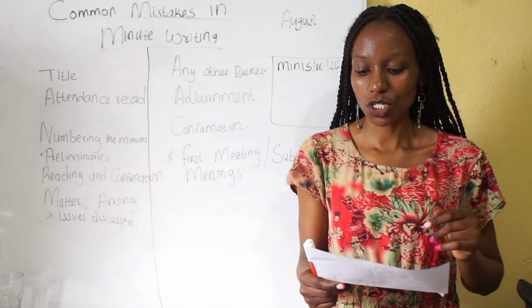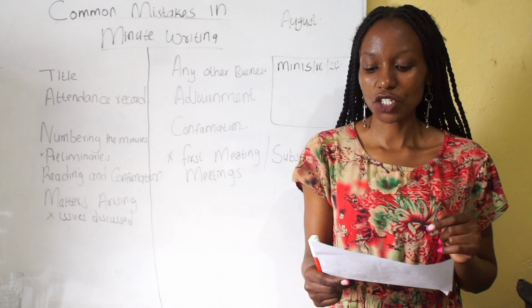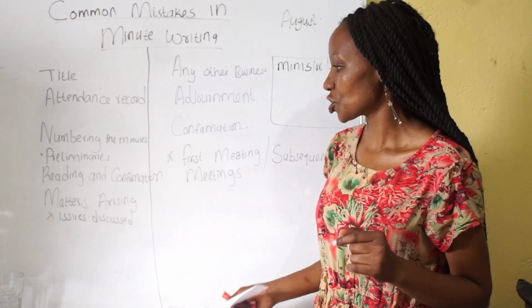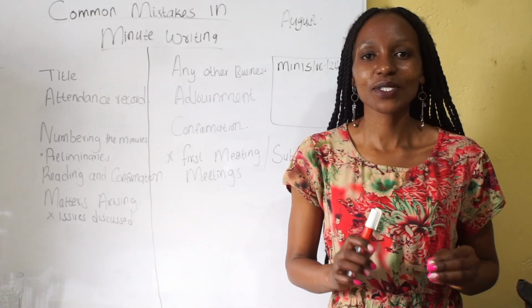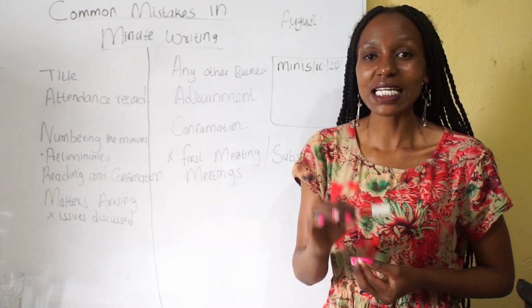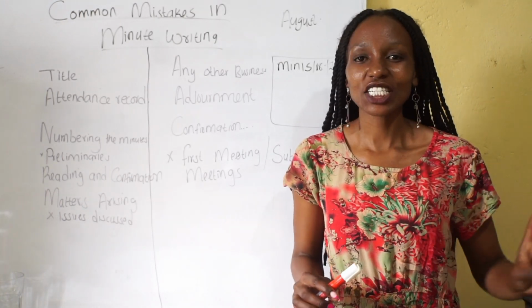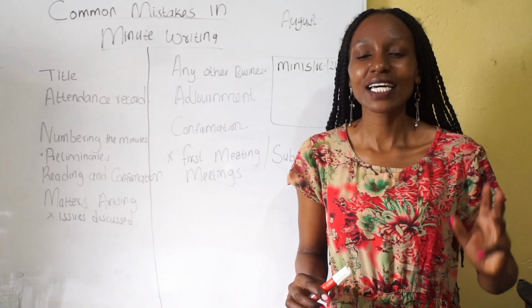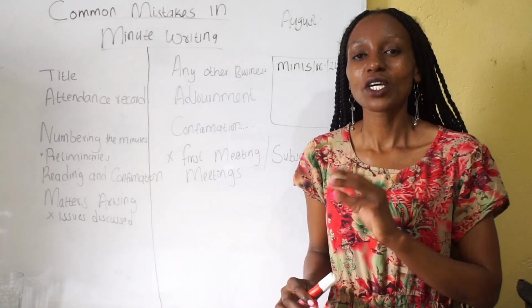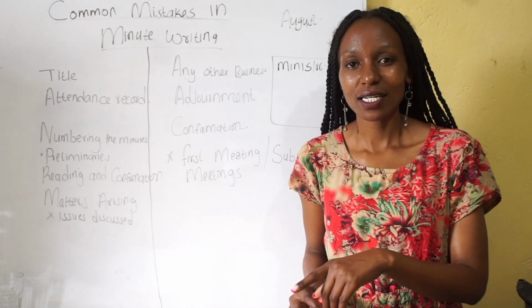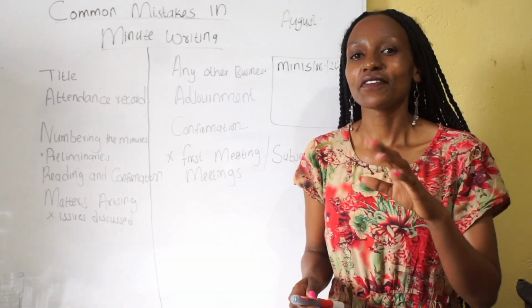We have income generating activities, preparation for the great debate, and election of the officials. So for the main agenda of the day, you are supposed to include two things: the issue raised and the solution given.